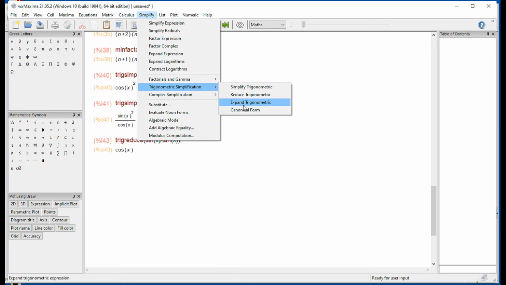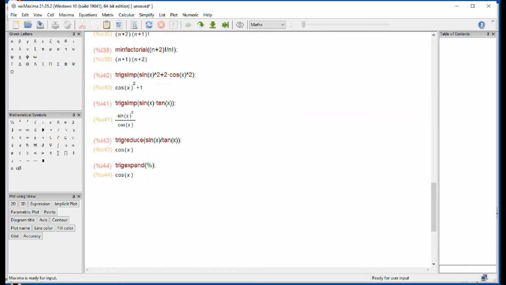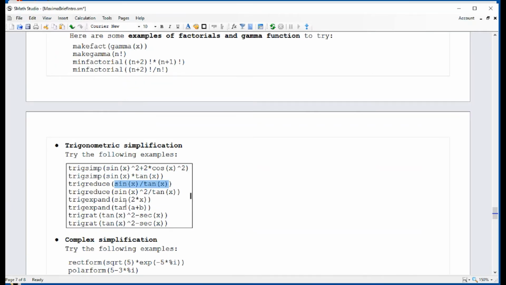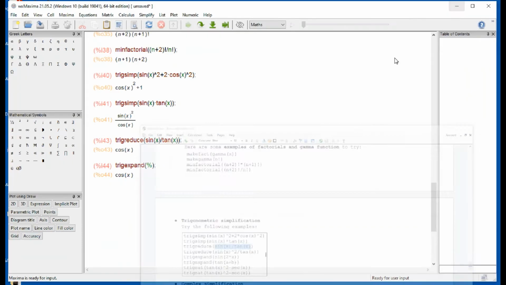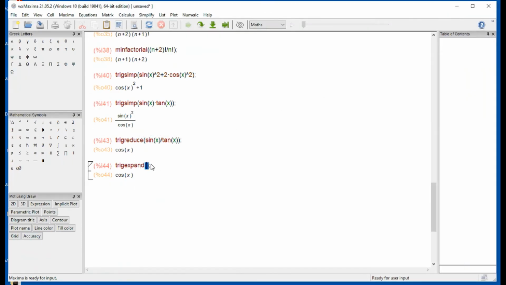Then do we have expand trigonometric, and for trigonometric expansion we have sine of 2x. That's simple to type. You're just going to delete, sine 2 times x, shift enter. 2 cosine x, then sine x. You could try also trig expand cosine of 2, and instead of using x I'm going to use theta, and that will give me the opportunity to use the Greek letters here, and do shift enter, cosine square of theta minus sine square of theta.